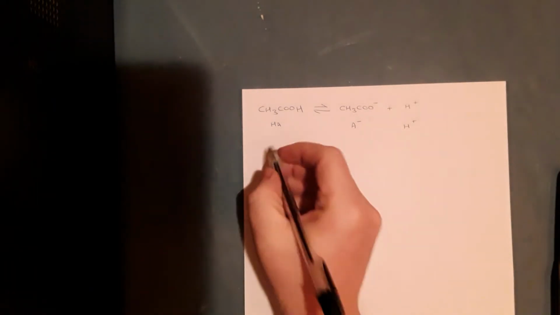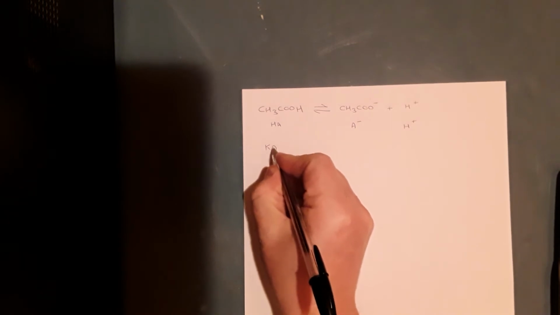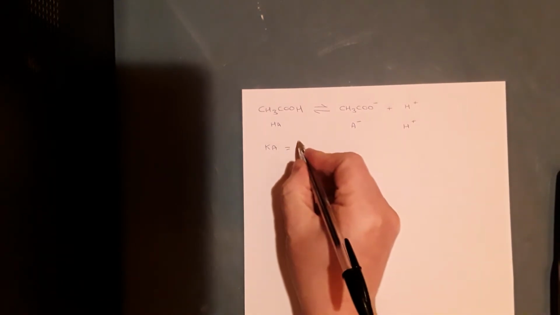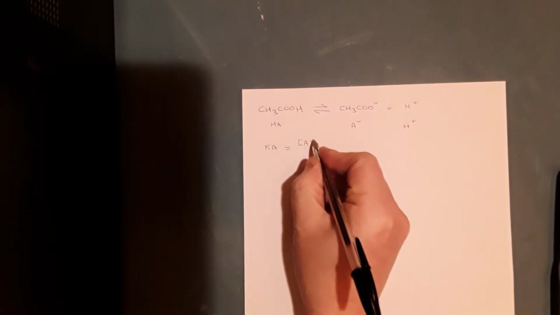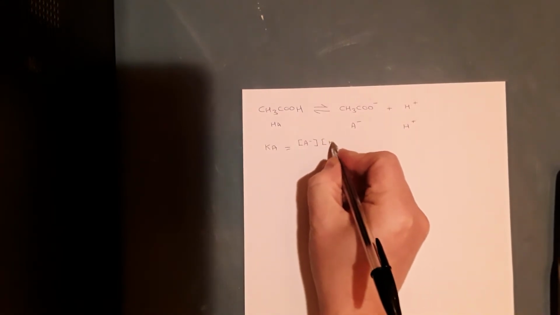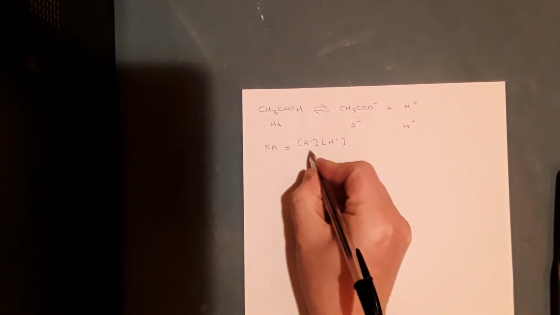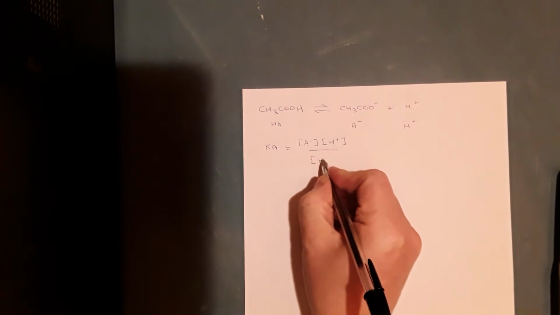Now, one of the things that you can calculate with weak acids is the dissociation constant, Ka. Ka equals the concentration of A minus multiplied by the concentration of H plus, divided by the concentration of the acid. We could know the concentration of the acid, but we tend not to know the concentration of A minus.